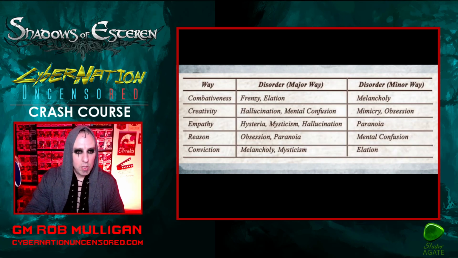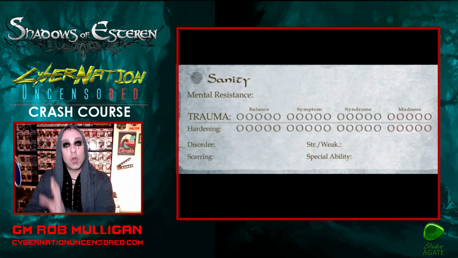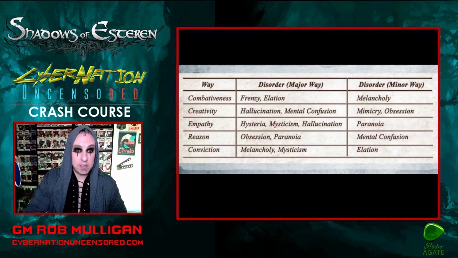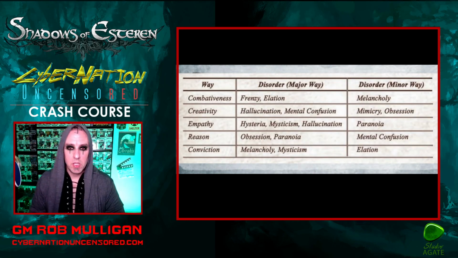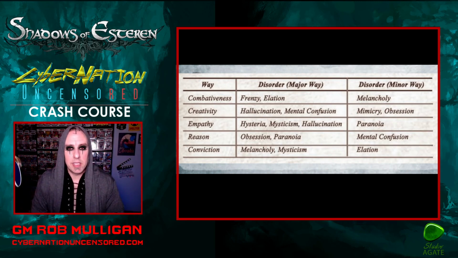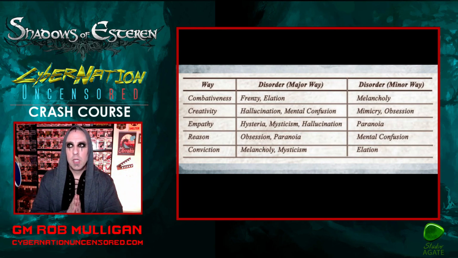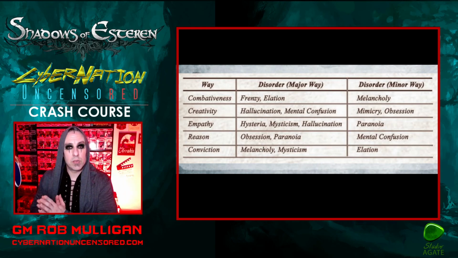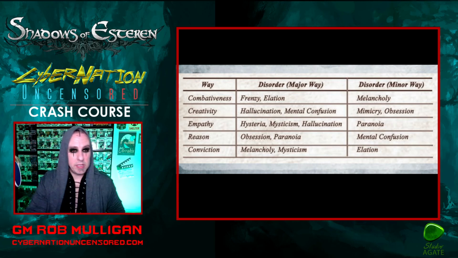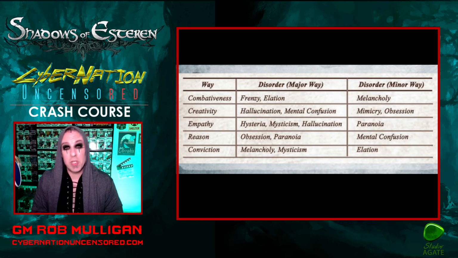So once you get up, like I said, to syndrome and madness, and you actually just fail, it doesn't even need to be a critical fail, just a fail. You trigger your disorder basically into a crisis, and that can stack with scarring. So if you not only fail, but you critical fail, and you're in one of those states, syndrome or madness, you're going to get that scarring from that critical fail, but you're also going to trigger your disorder.